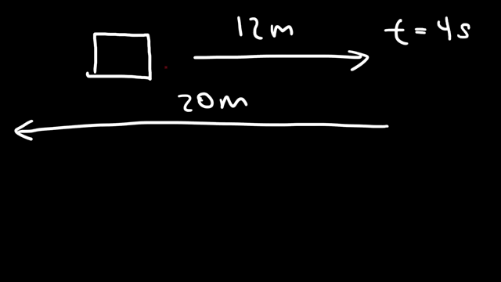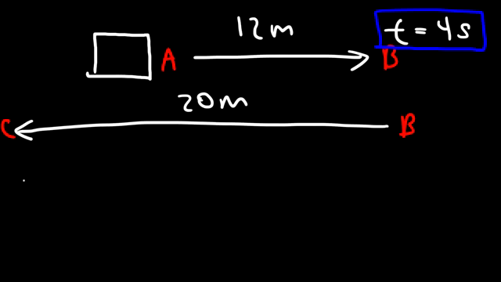So let's say going from position A to position B, that's a distance of 12 meters, and from position B to position C, 20 meters. So that total trip from A to C took only 4 seconds. So for this object going from A to C, what is the average speed of the object? And also, what is the average velocity?